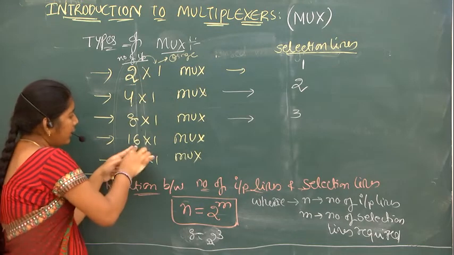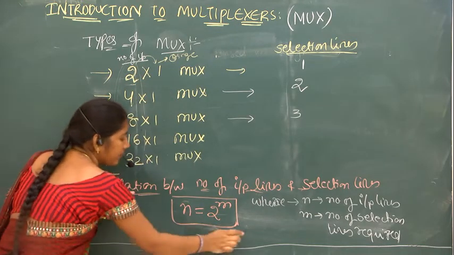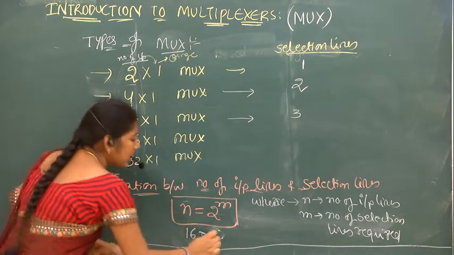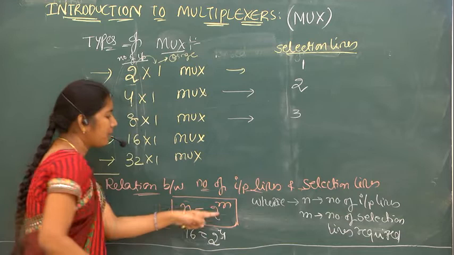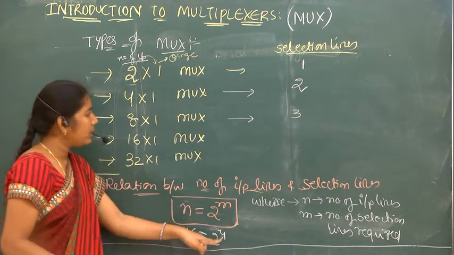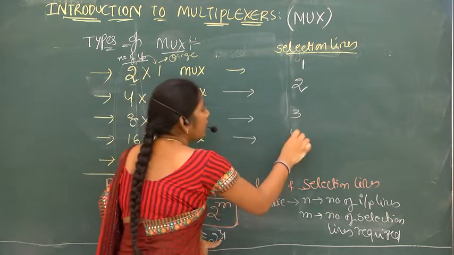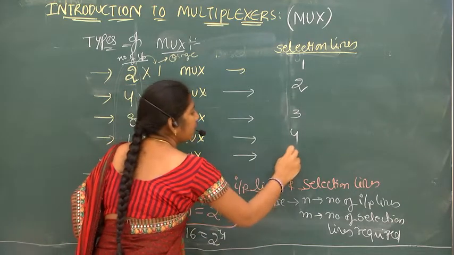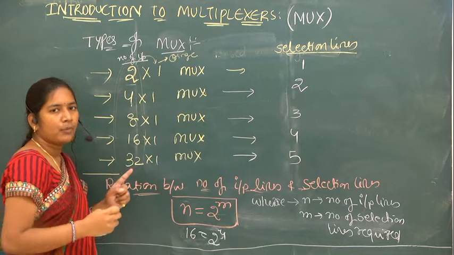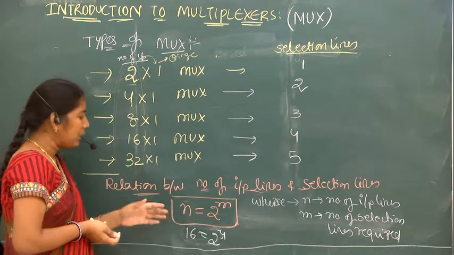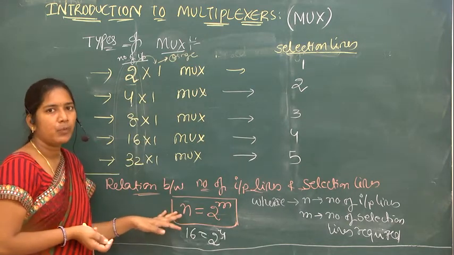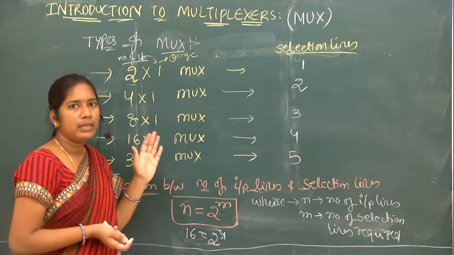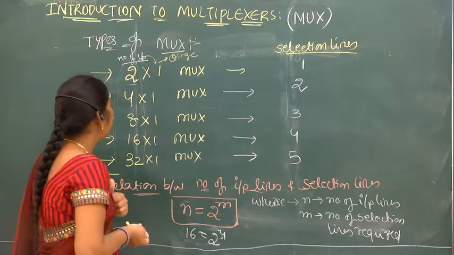If input lines are 16, that 16 we can represent as 2 power 4, so m here will be 4. Similarly, 32 we can write as 2 power 5, so the selection lines will be 5. Like that, by using this relation, we can find the number of selection lines for each mux, right?